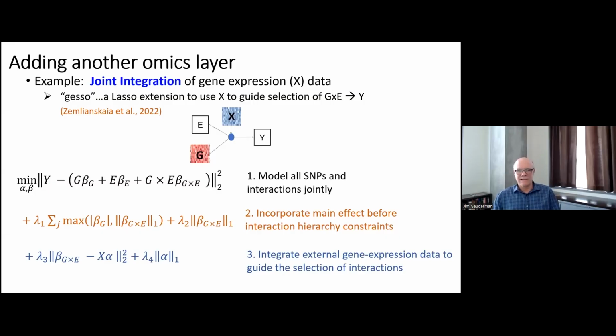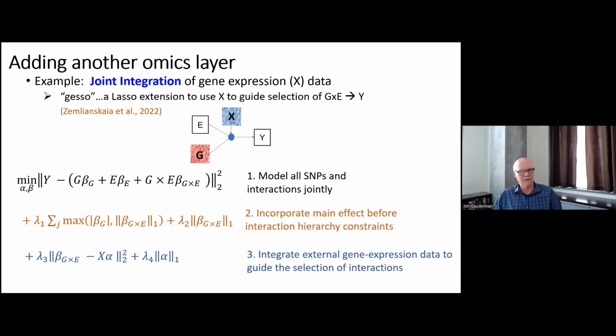And then there's the potential, rather than doing it in stages, to think of it as one combined analysis. So rather than do step one, taking something forward, we try to put it all in one big model. We've been doing a little work here using Lasso and extensions to Lasso to build a model that has a function of interactions and main effects, incorporates main effect before interaction hierarchy constraints, and then integrates external gene expression to guide the selection of interactions.